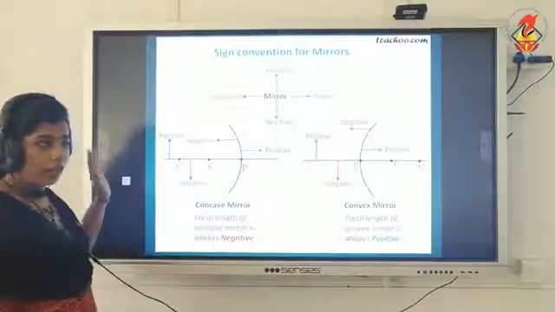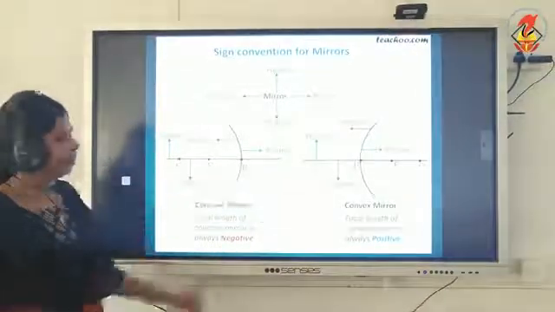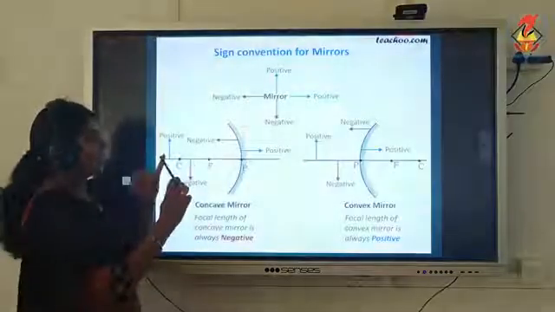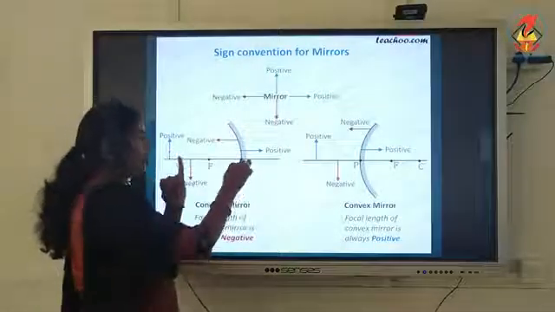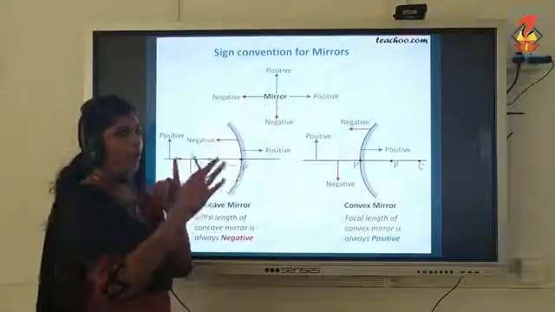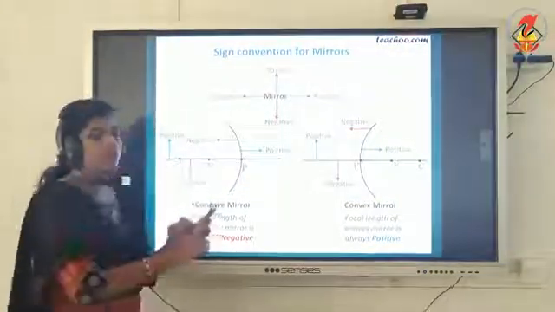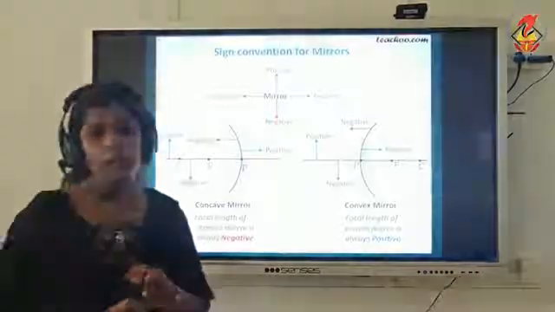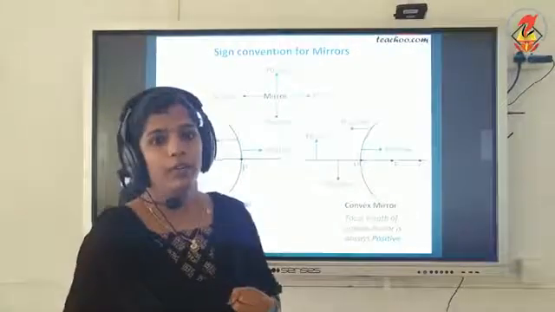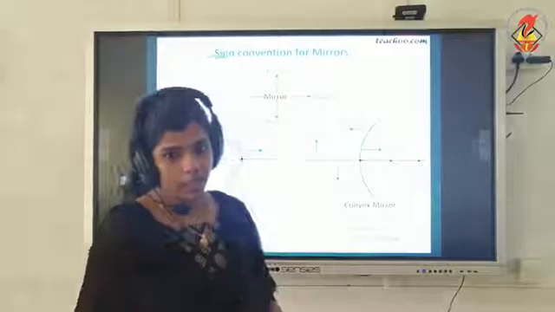So, first thing, all measurements are taken from the pole of the spherical mirror. Second one, the object should be placed on the left side of the mirror so that the light can travel from left to right.